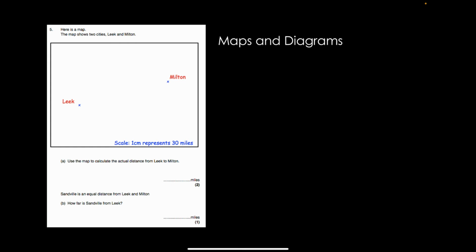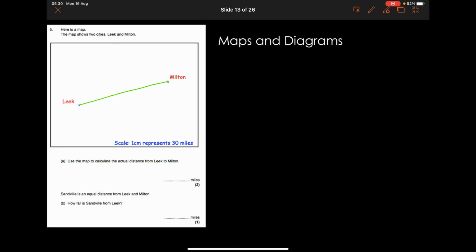Now, in this case, I can't actually measure this on the computer. But what you need to do is you would need to draw a line from here to here first. Now, it'd be difficult for you to have a go at this one yourself, so I'm just going to go through it.